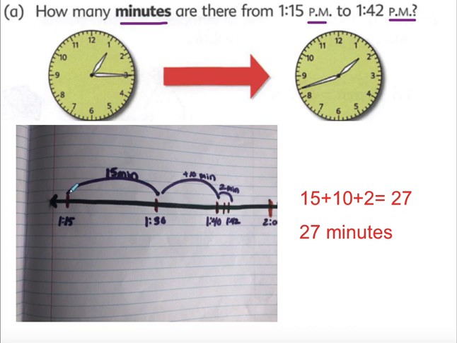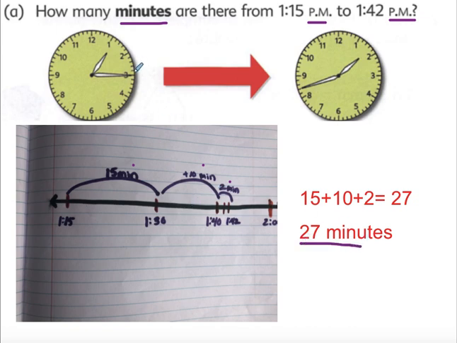Because I'm only going to 1:42. So I know 15 and 15 would get me to 1:30, plus another 10 minutes, plus another 2 minutes. So when I add my 15 minutes plus my 10 minutes plus my 2 minutes, I have 27 minutes that passed.